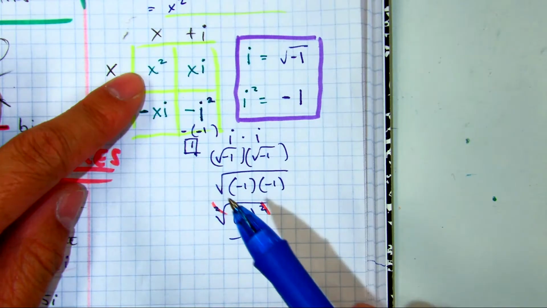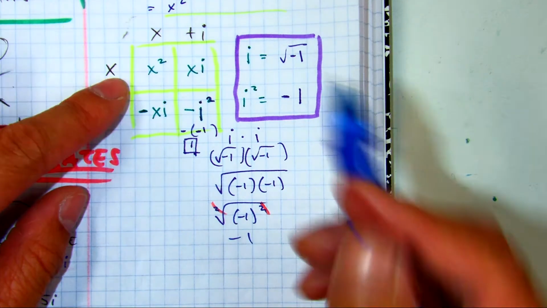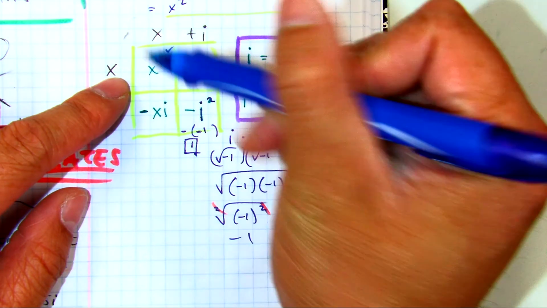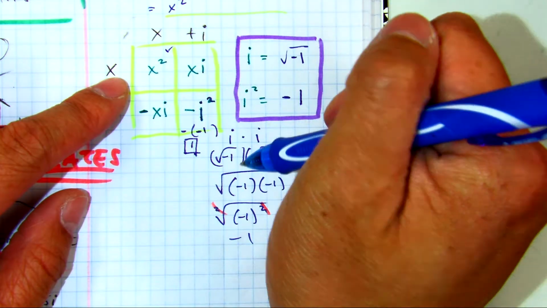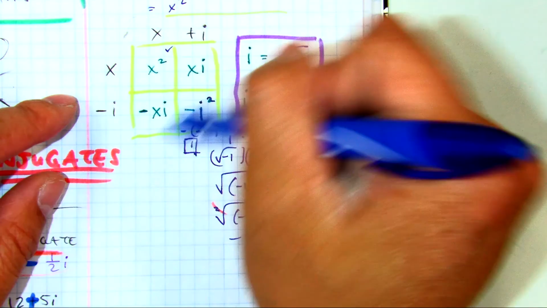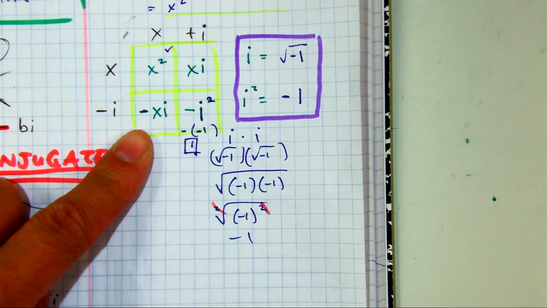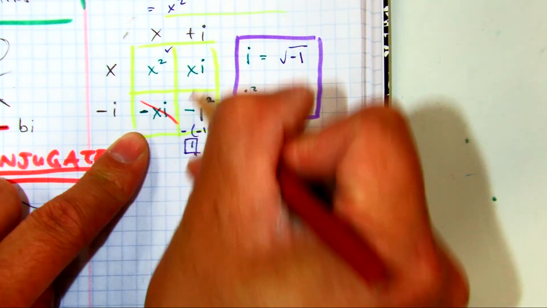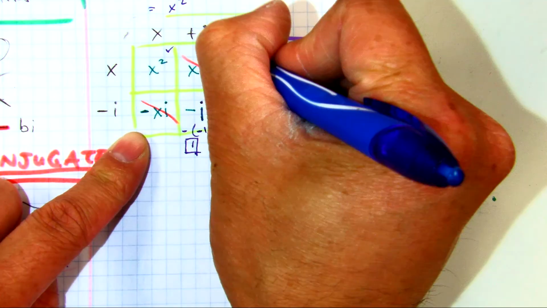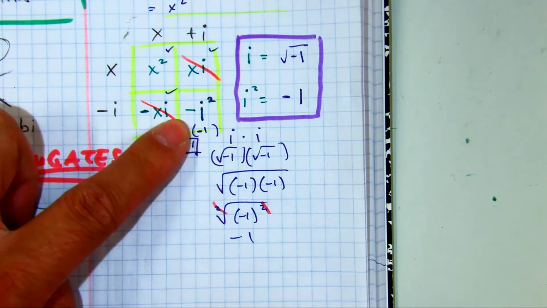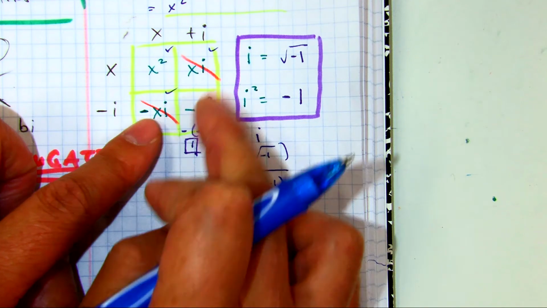Now, this is going to get complicated later, so let's just try simple stuff. I like to put a little check mark in my box to know that I've touched the box. We've multiplied, now we are adding. If I add these two together, what do you get? Negative i and positive i is 0. I touch the box, I'm going to check. And then the opposite of i squared is equal to positive 1.